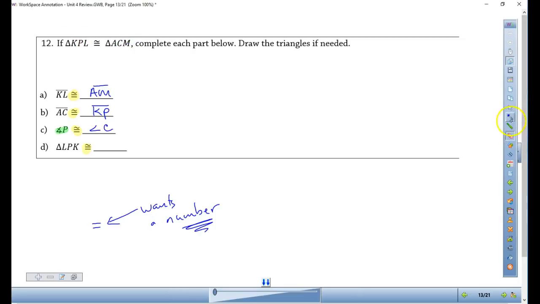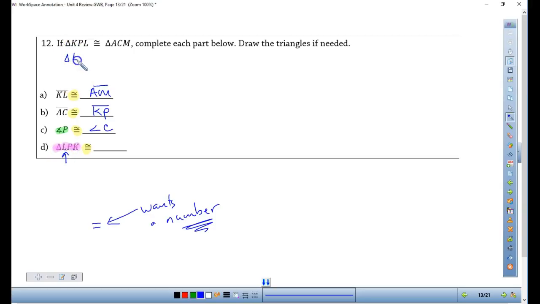Then on the last one, LPK, alright, so remember now, this could be confusing, but if it's talking about a triangle LPK, then it's rearranging these in a different order. So let's spell it out, LPK.